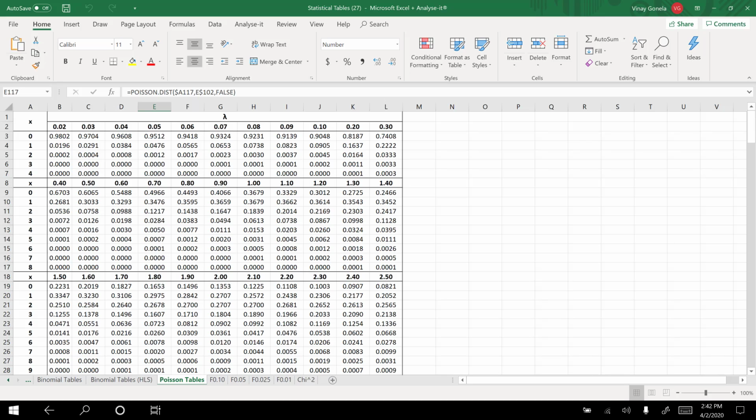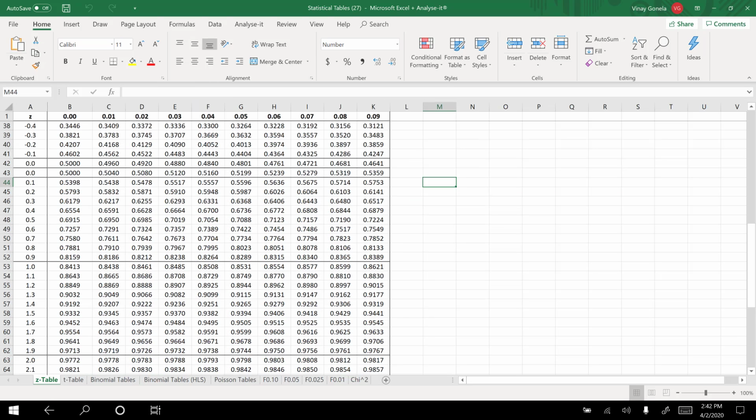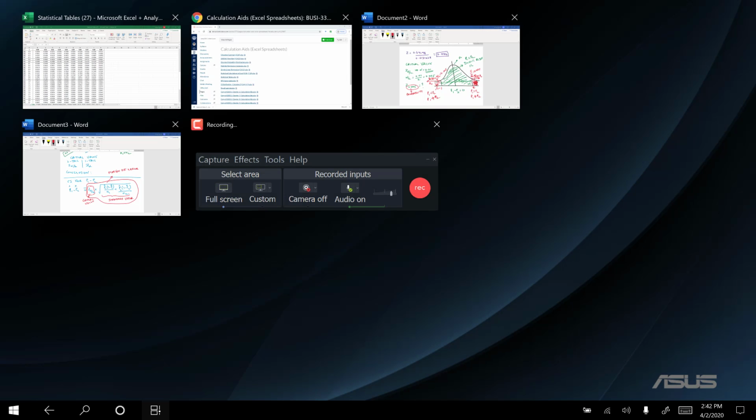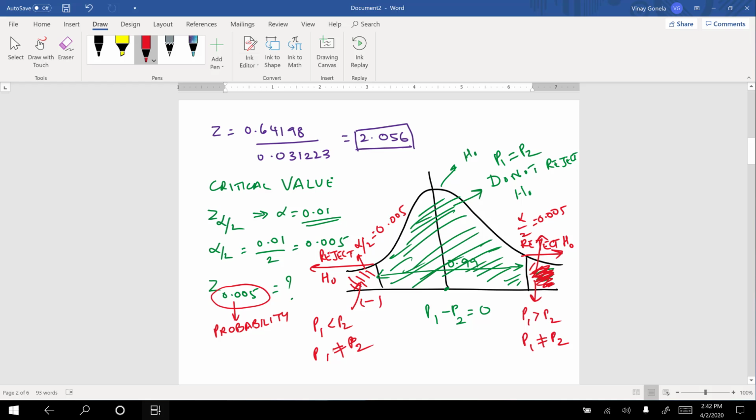Currently I am in the Poisson table. I will go to the Z table and I am going to look for the z probability of 0.005.